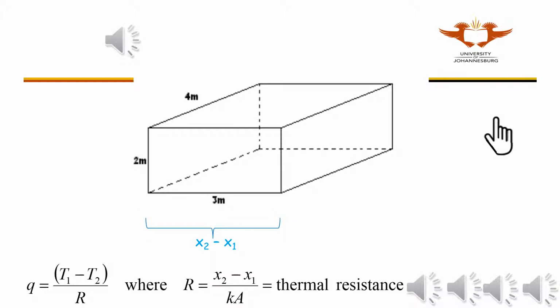If you thought that x2 minus x1 was 3 meters, you were correct. What about the value of the heat transfer area, A, in the expression for thermal resistance, R? This area is perpendicular to the flow direction of heat, and just about the same at any given value of x, from x1 to x2.